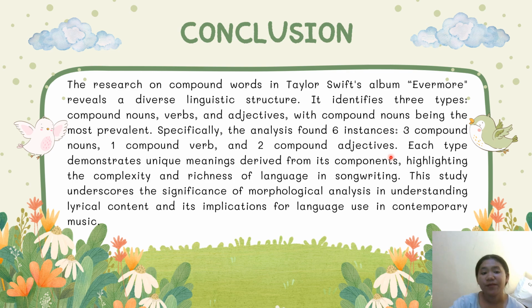Continuing, its types of compound demonstrate unique meanings derived from its components, highlighting the complexity and richness of language and songwriting. This study underscores the significance of morphological analysis in understanding lyrical content and its implications for language use in contemporary music, as we can see from the example of the songwriter and singer Taylor Swift.